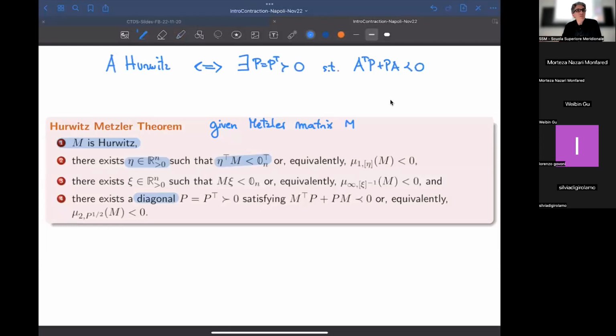This is called the Lyapunov stability LMI, linear matrix inequality. So you should absolutely know this statement here, star. You should know it's a linear matrix inequality, and so on and so forth. It turns out that if your matrix is Metzler, so the off-diagonal entries are non-negative, then the if and only if holds with the additional requirement that P is diagonal. So people refer to these matrices as diagonally stable because you can find a diagonal Lyapunov matrix P.